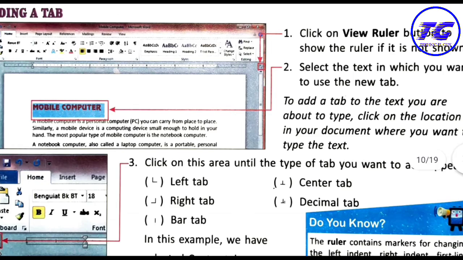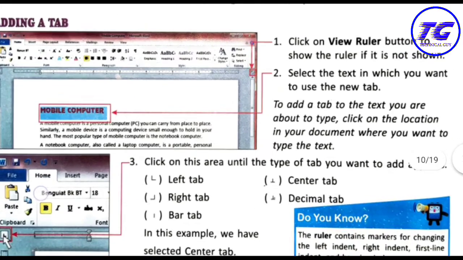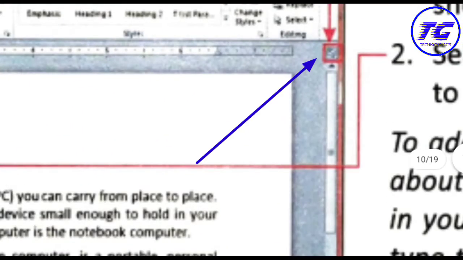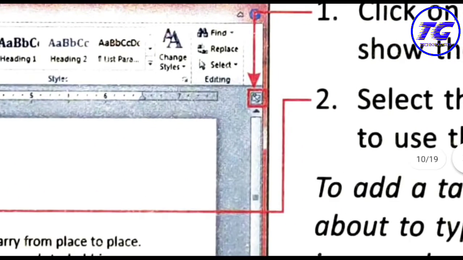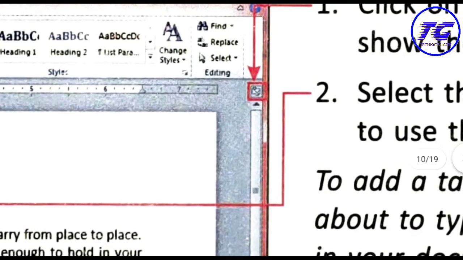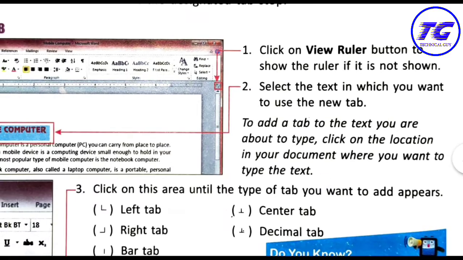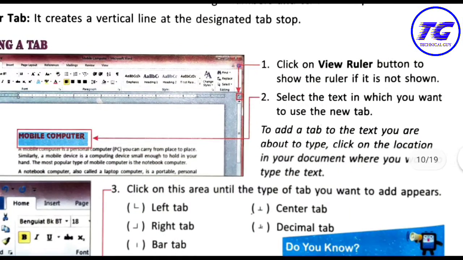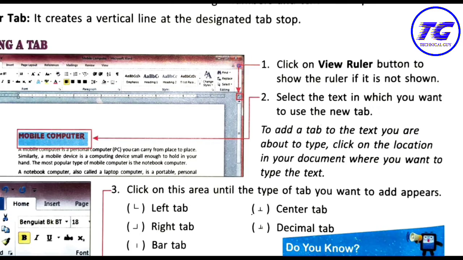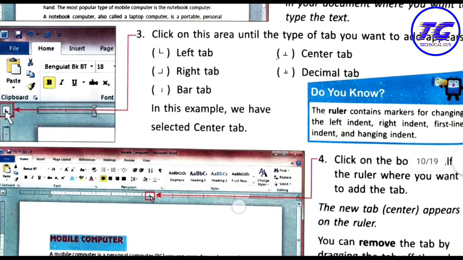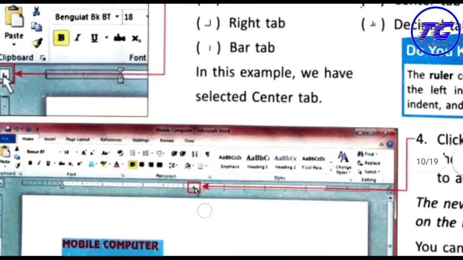If you want to add a tab, you can show the rulers from here. So this is the show and hide ruler button. Just next to the horizontal ruler, this button will be there for showing and hiding the ruler. You can click on this button if ruler is not already there, and after that you can click on this button.